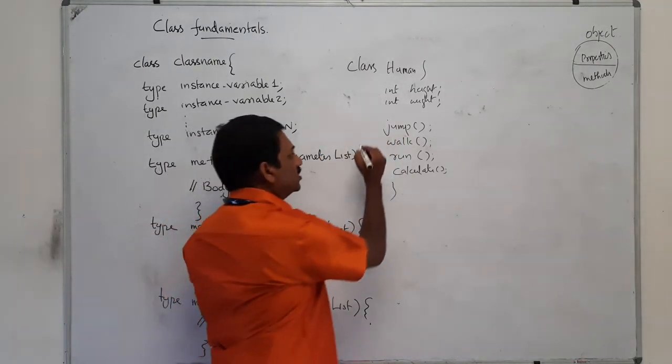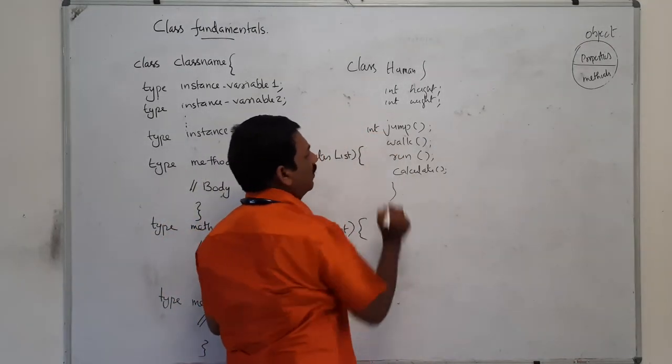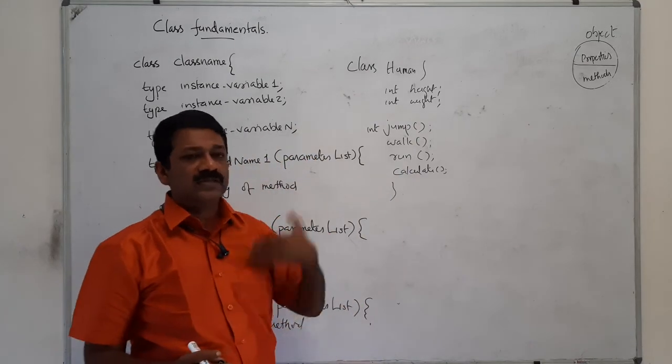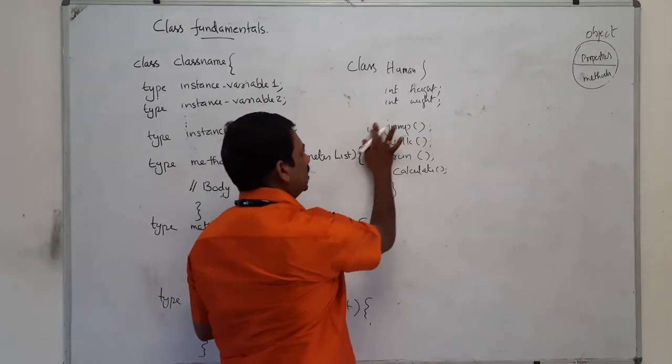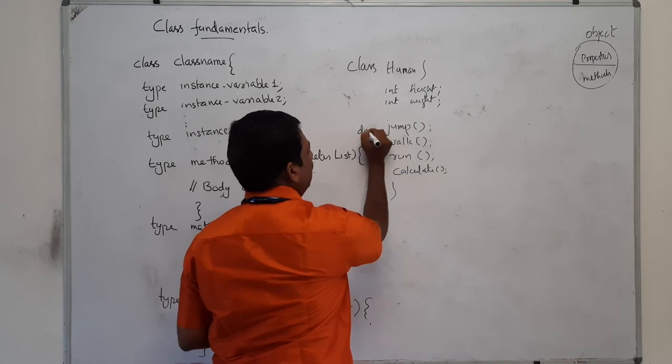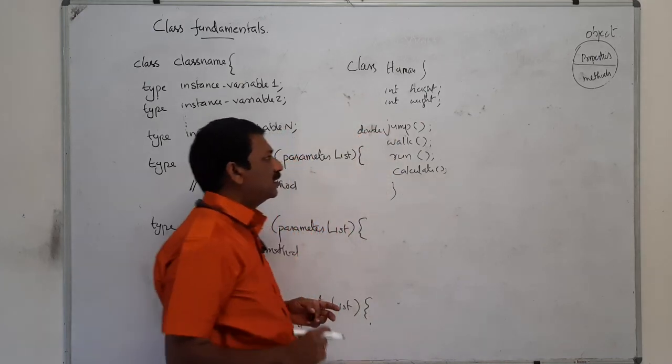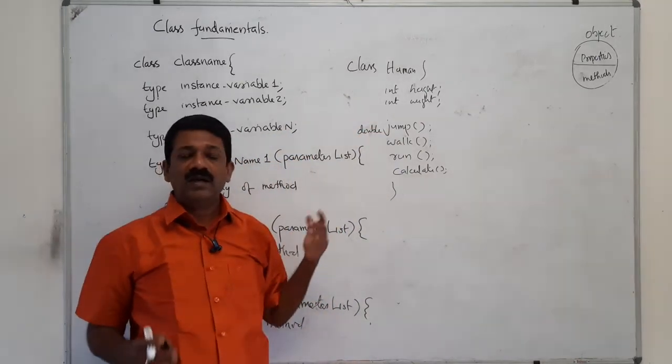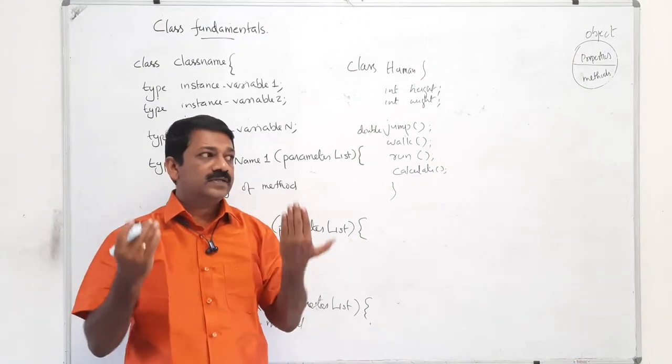What will happen when jump is executed? Or suppose this one returns a double value, meaning how much height I can jump.